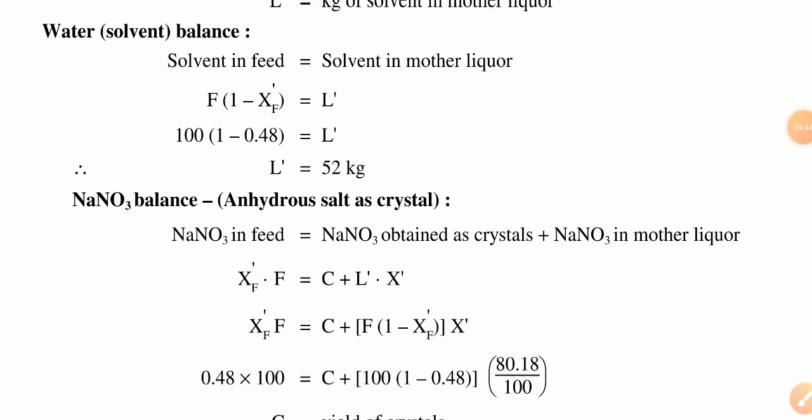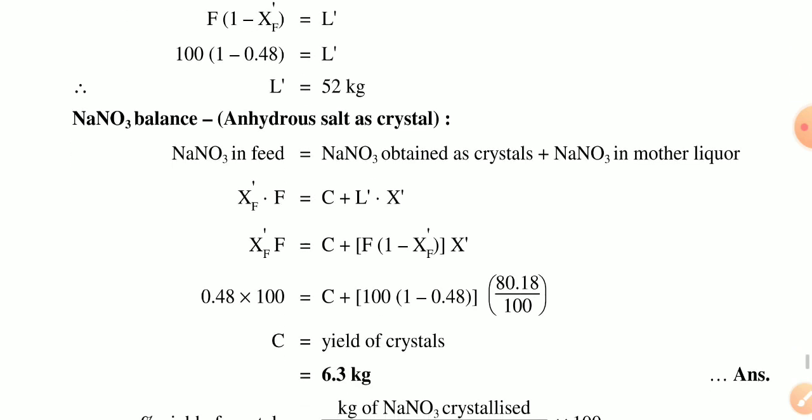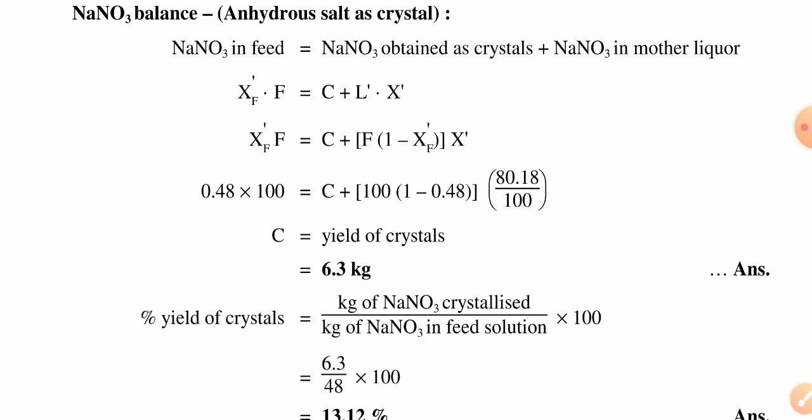Right, now for the NaNO3 balance, for the anhydrous salt as crystal form: NaNO3 in the feed is equal to NaNO3 obtained as crystals plus NaNO3 in the mother liquor. So X'F times F is equal to C plus L' into X', that is X'F F is equal to C plus F (1 minus X'F) X'.